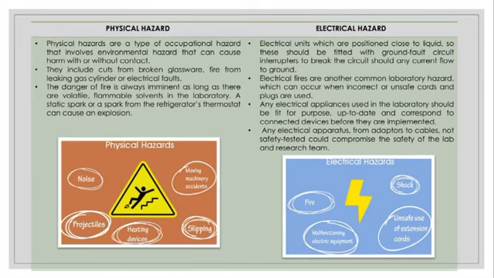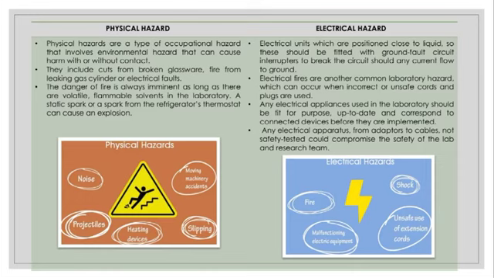Okay, next is physical hazard. Physical hazards are a type of occupational hazard that involve environmental hazards that can cause harm with or without contact. They include cuts from broken glassware, fire from a leaking gas cylinder, or electrical faults.